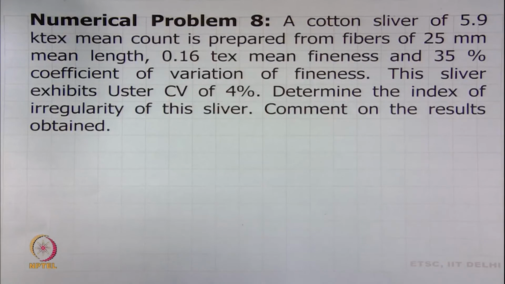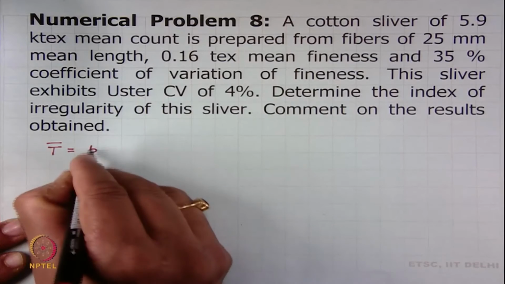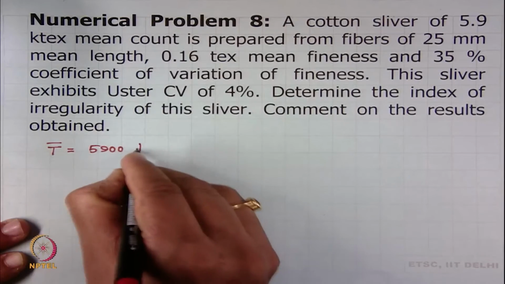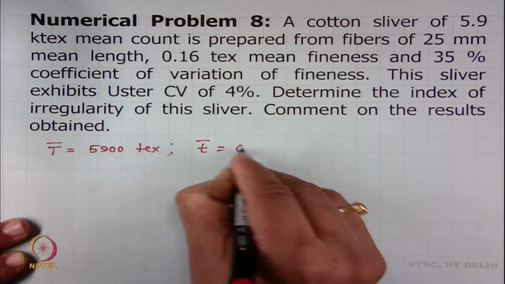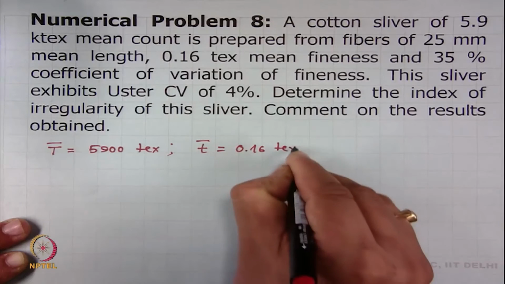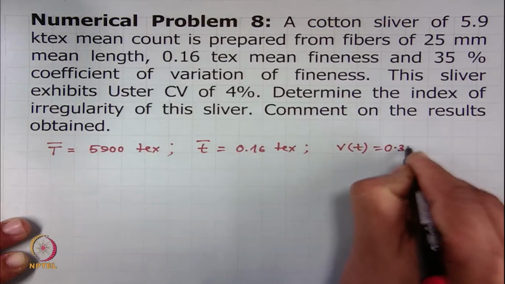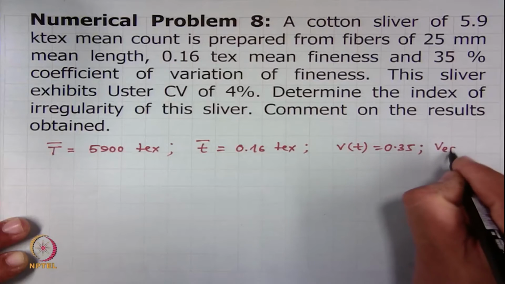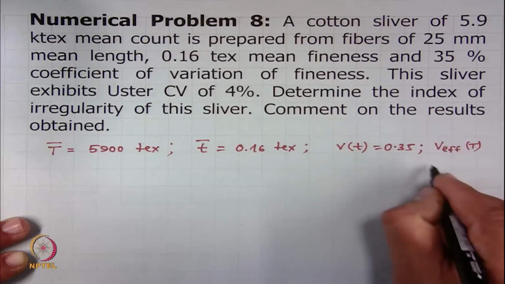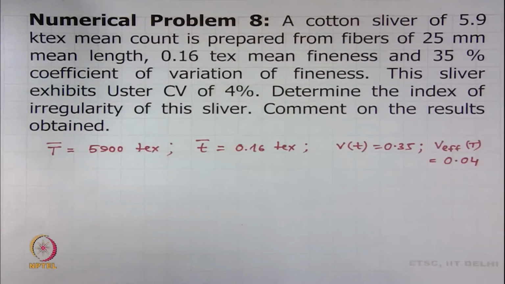Let us see what is given. So, capital T bar is given, ktex, small t bar we will require, ktex, V t is given and actual is given. You have to find out index of irregularity.